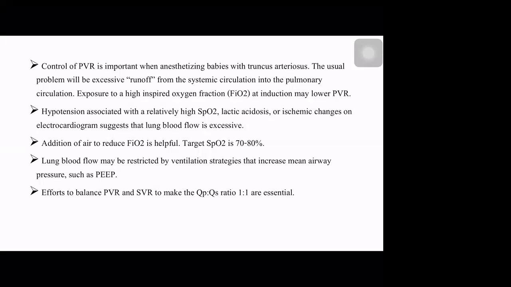Lung blood flow may be restricted by ventilation strategies that increase the mean airway pressure, ultimately leading to decreased pulmonary blood flow, such as application of judicious PEEP. So our every effort during the induction and maintenance is to balance the SVR-PVR ratio to keep the Qp:Qs ratio mostly at 1:1.